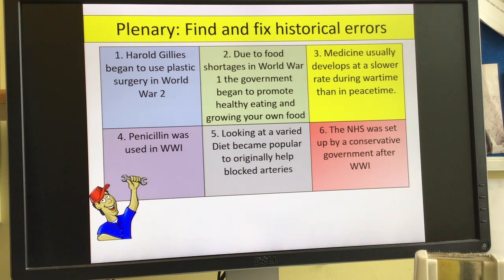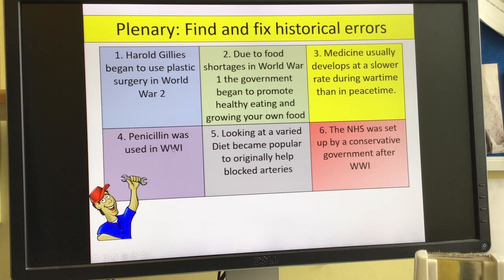Okay, so Harold Gillies began to use plastic surgery. That's actually in World War One, so the mistake is there. Two, due to food shortages in World War One, the government began to promote healthy eating and growing your own food. Well, obviously this happened in World War Two with rationing. Medicine usually develops at a slower rate during wartime than peacetime. That's incorrect because it develops at a faster rate.